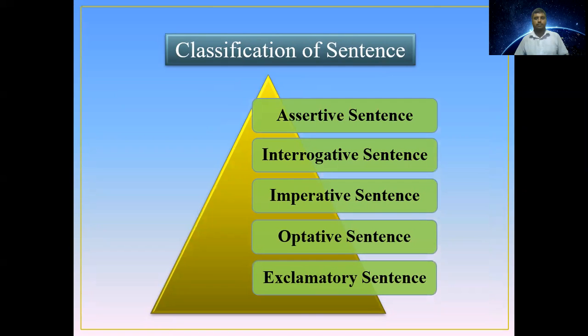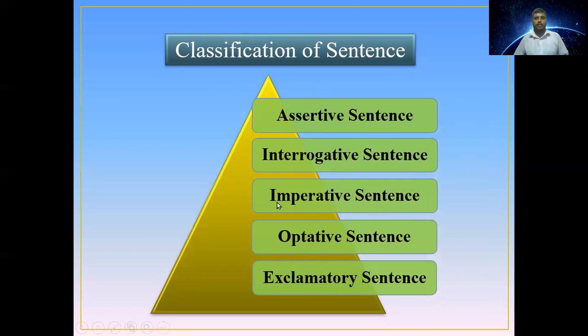This slide is the classification of sentences. There are five kinds of sentence. The first is assertive sentence. The second is interrogative sentence.